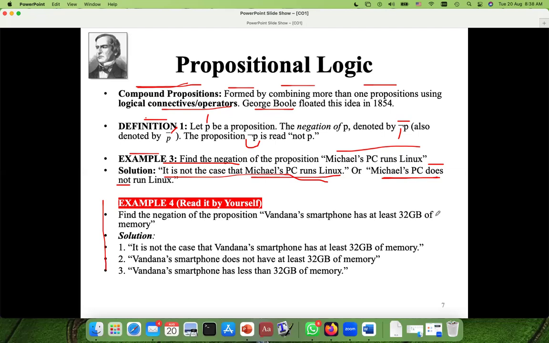And if you write here, Vandana's smartphone has at most 32 GB of memory, it means maximum is this and less is possible. But you are considering 32 again. So it is not the correct answer. It's not the negation, okay?